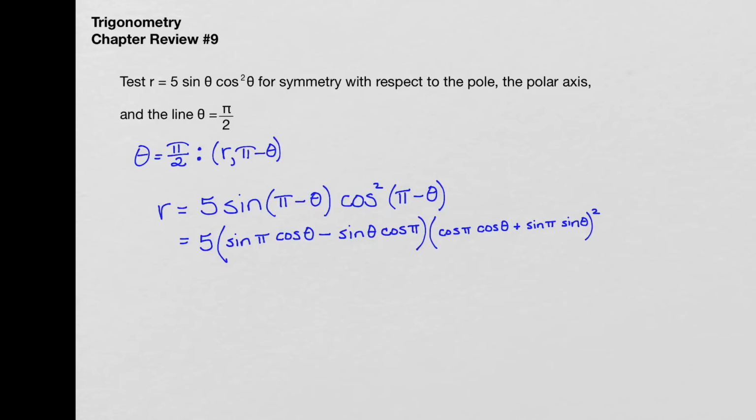And now what I need to do is evaluate the sine of pi and the cosine of pi in this expression, and then simplify my results. So remember, the sine of pi is 0. Cosine of pi is negative 1.